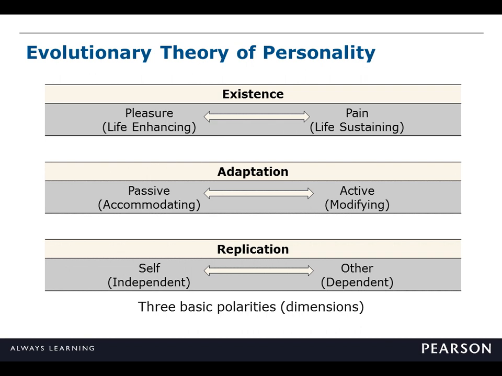We have 3 major areas, 3 major domains that we look at in terms of personality, in terms of what it is that creates a person's basic motivations in life.